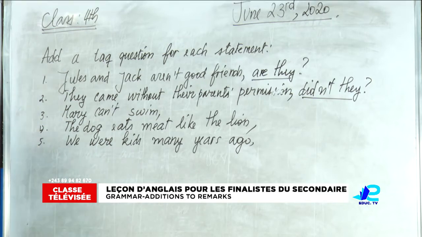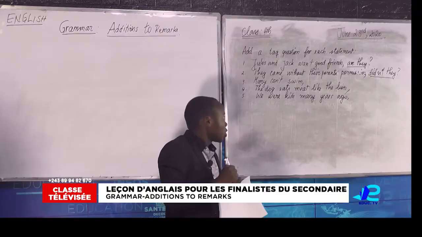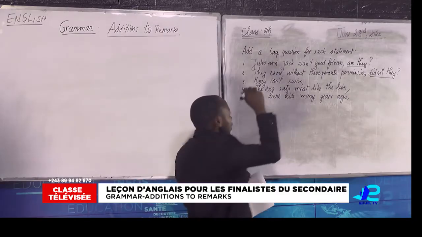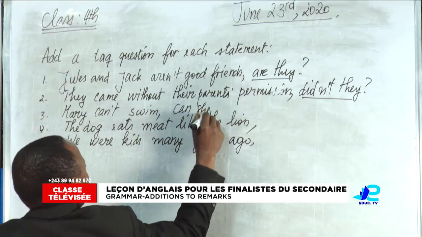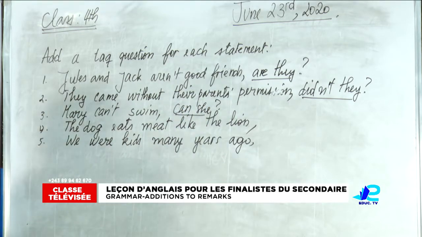We have another sentence. Mary can't swim. Here, the sentence is negative. The tag question normally must be: can she? The fourth example is: the dog eats meat like the lion.